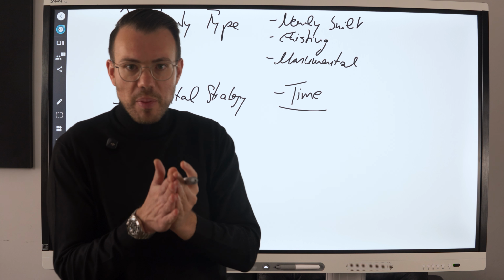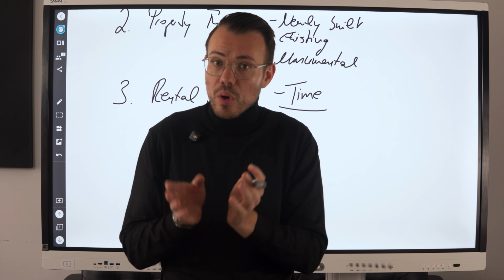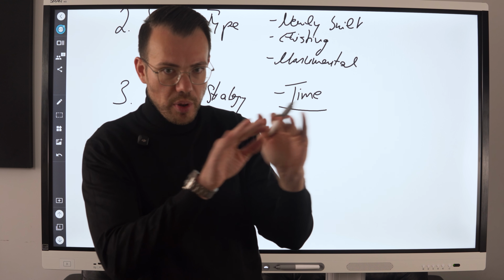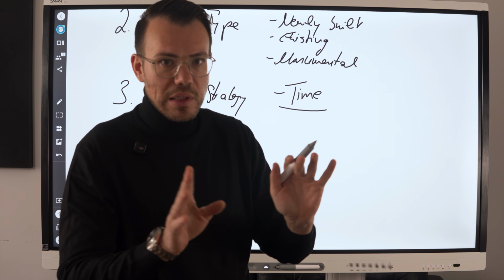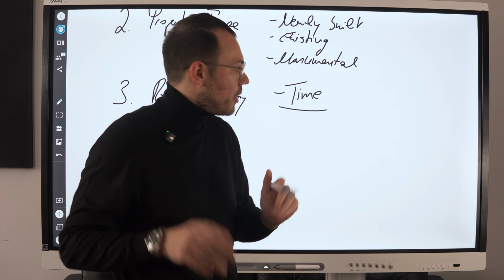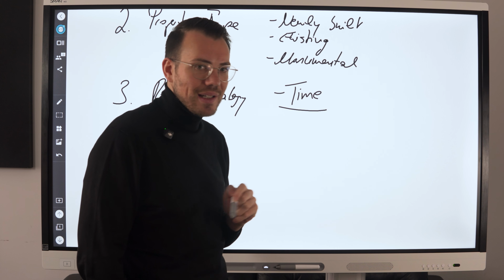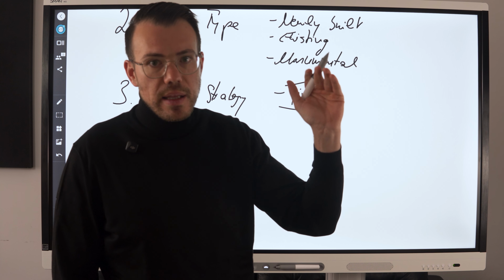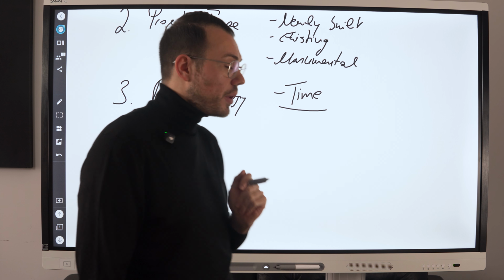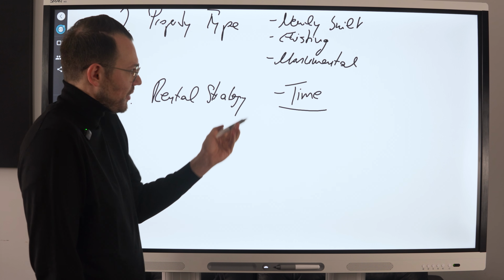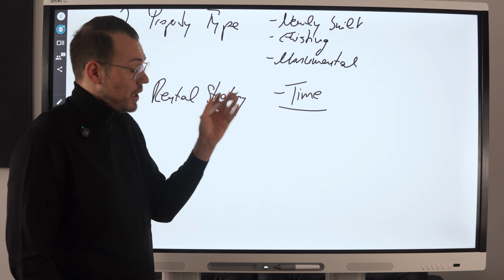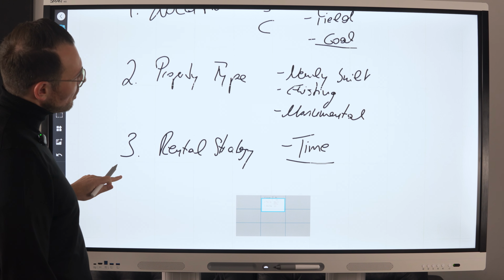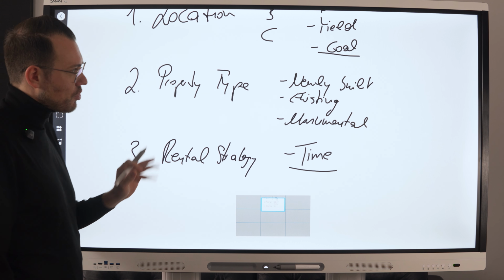But if you buy an apartment which is just rented out normally, you can easily buy 10 apartments and just install a property management company, which takes care of all the tenant-related issues. So you can easily scale independently of your time, which is really interesting for most of our clients. So that's, in general, how you decide a strategy.